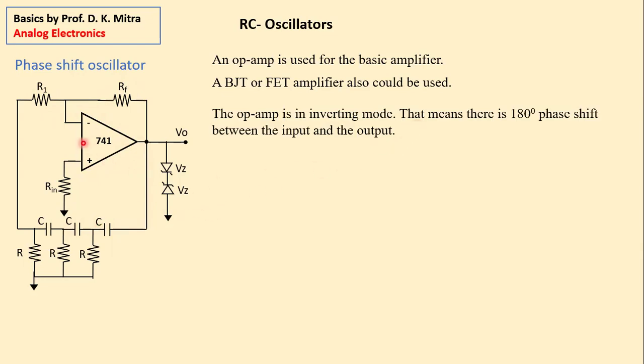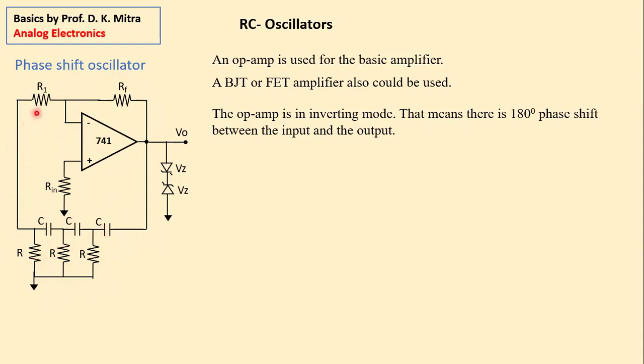Now, in the op-amp, I have given the input to the negative input. That means there is already a 180-degree phase shift. And from here, part of the output goes back to the input. From in between this feedback circuit, I create another 180-degree phase shift. Each RC combination produces a 60-degree phase shift, total 180 degrees. So the signal suffers a phase shift of 180 degrees here, another 180 degrees here.